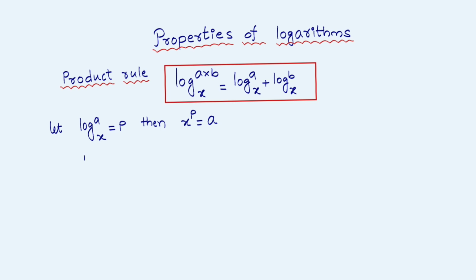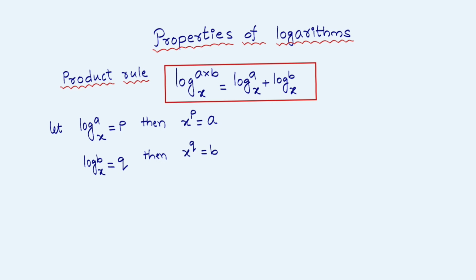Similarly, we consider log b to the base x is equal to some q. Then this also we have to express in exponential form. It will become x to the power of q is equal to b.